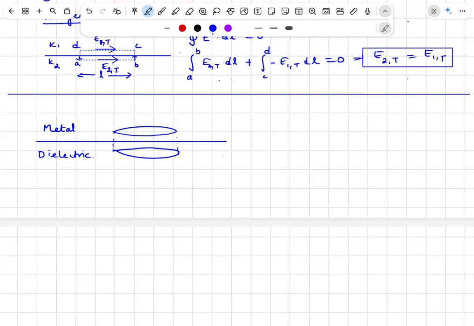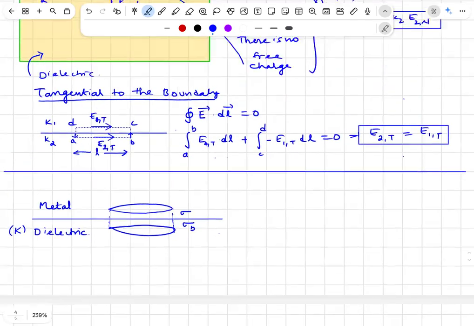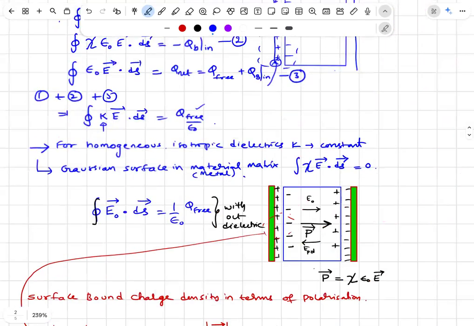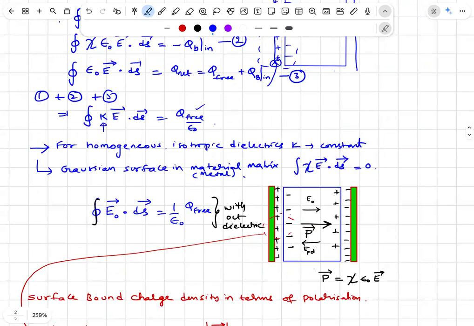You are taking an elemental cylinder here. You have a metal above and the portion below is dielectric. You know the dielectric will have dielectric constant K. Don't ask me about the metal. Right. And here it is sigma bound. Here it is sigma. You know that. What we have done here is plus sigma, minus sigma. That plus sigma is sigma, minus sigma is sigma bound.